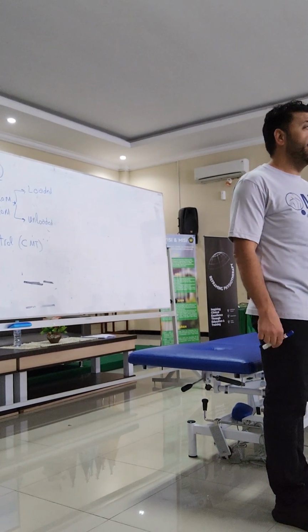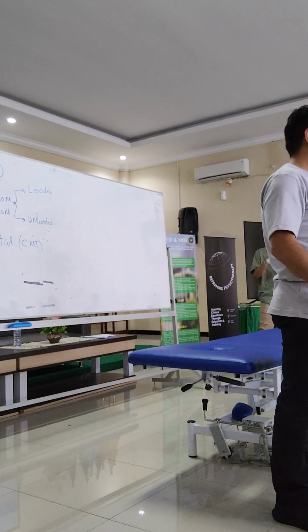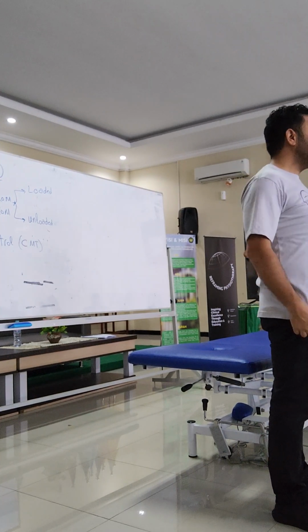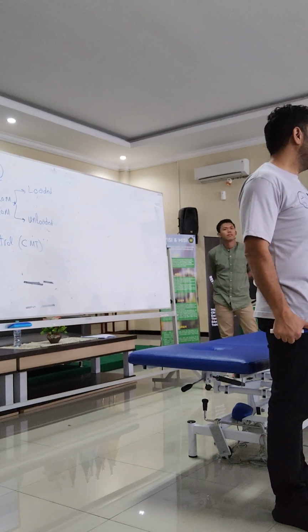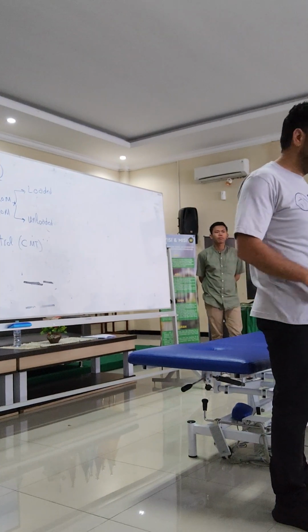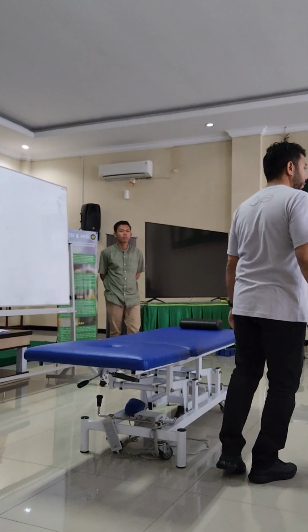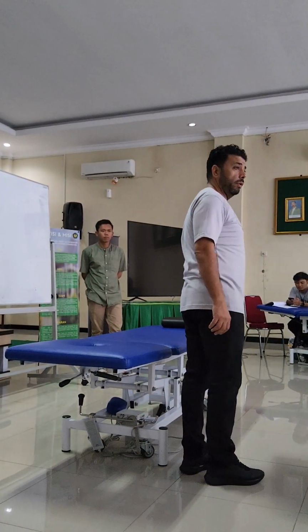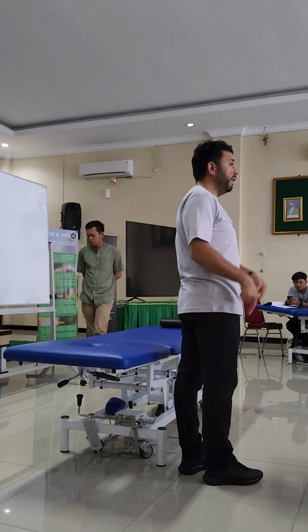How can we assess the hip? Imagine you are in your own clinic and you have a patient with hip problem. What are the basics of assessment of any joint? Active and passive range. Good? Now just follow me please. Weight-bearing activities are painful. Are you going to assess the range of movement in weight-bearing today?